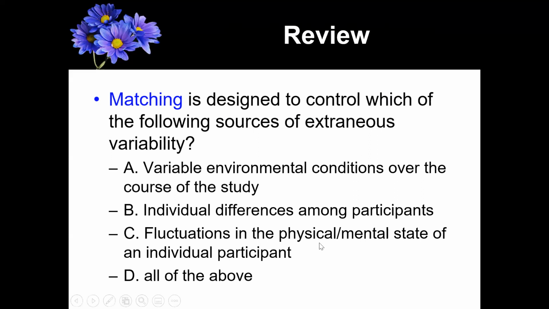There's going to be individual differences, because we're matching people based on some characteristic, some individual difference, like say their baseline strength that we talked about, or their baseline memory, and we can equate that across conditions.